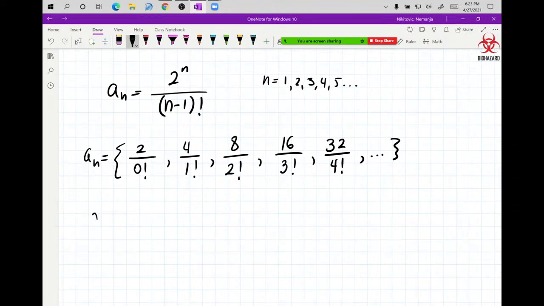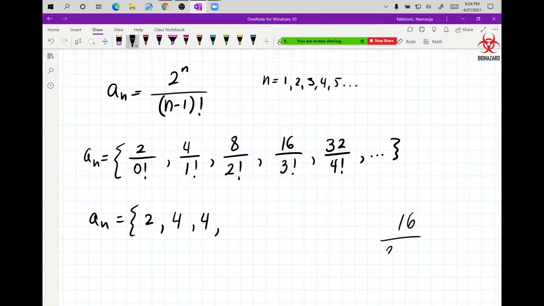And now you just simplify. 0 factorial is 1, so that's 2. 1 factorial, that's 4. 8 divided by 2 is another 4. 16 divided by 6, see? This is not 16 divided by 3. It's 16 divided by 1 times 2 times 3.